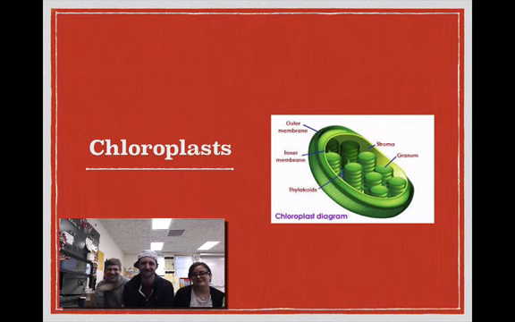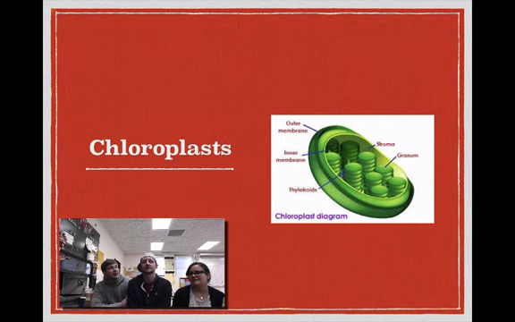Speaking of double membranes and DNA, chloroplast is another organelle that has a double membrane and its own DNA that's found in some cells. So chloroplasts are green. They take sunlight energy and turn it into chemical energy that a cell is able to use. So we would find this in plants.